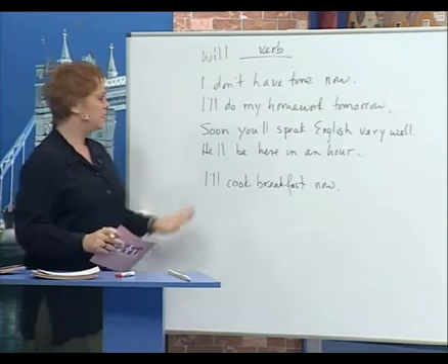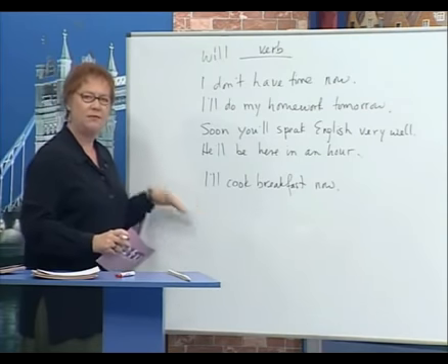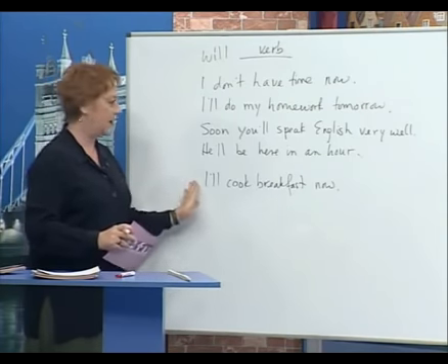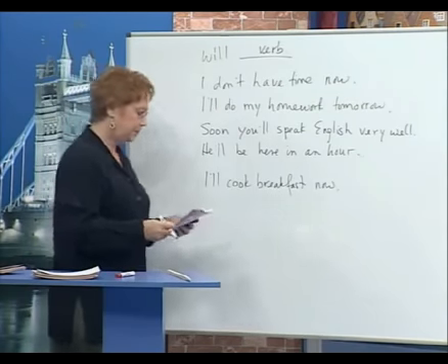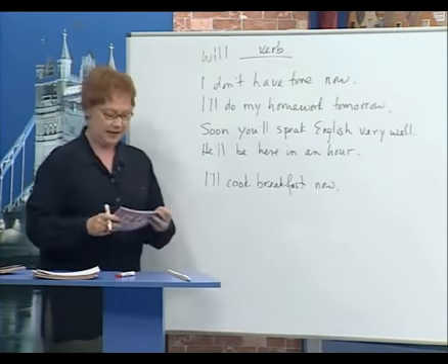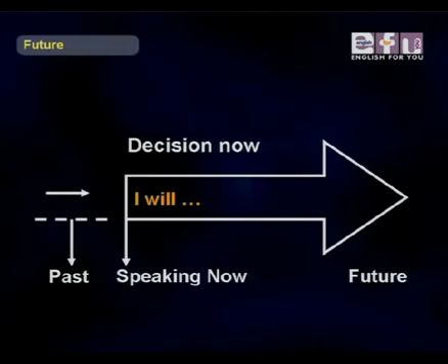I'm hungry. I'll cook breakfast now. My decision now. I'll cook breakfast now. Okay? Now, look at the timeline again, and you can see the decision is made now. Speaking now, you say, I will, to talk about the future.